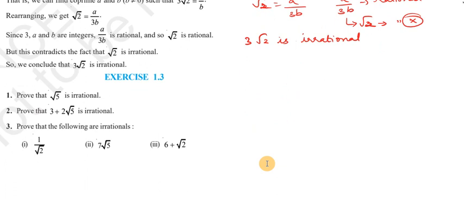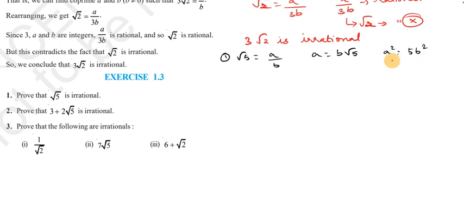So to prove root 5 is irrational, we will say that root 5 is going to be a fraction of numbers, that is a by b. Then we will write a is equal to what? b root 5. Okay, then we'll find out a square is equal to 5b square.